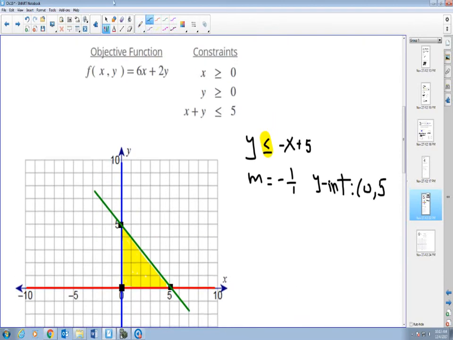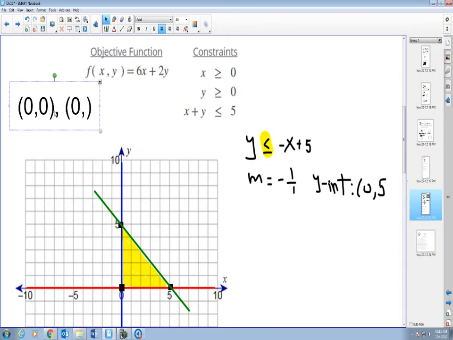Alright, so the trick: write down your 3 points. 0, 0. Know what your 3 points are. Alright, 0, 5, which is up here. And this appeared to be 5, 0. Okay, so now the next step, substitute these 3 points into my objective function.